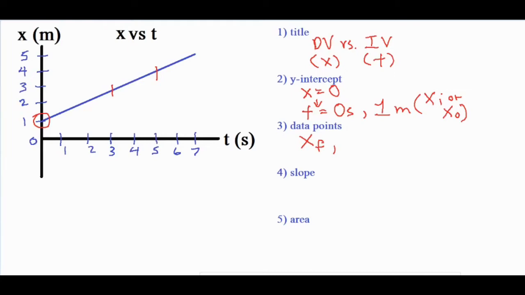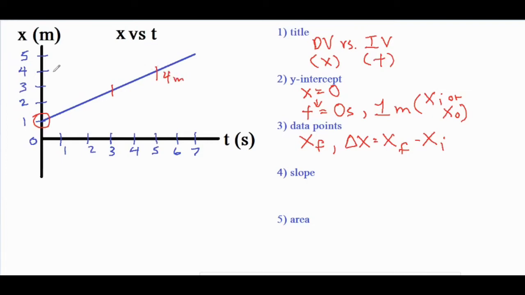Another thing that you can do with data points is find a delta x. Delta x is the displacement. The displacement is how far it has been displaced from an original position. So if you take the final position minus the initial position, you can find out how far the object has moved. In this particular case, if you take a look at the position, it looks like over here it's at about 4 meters.